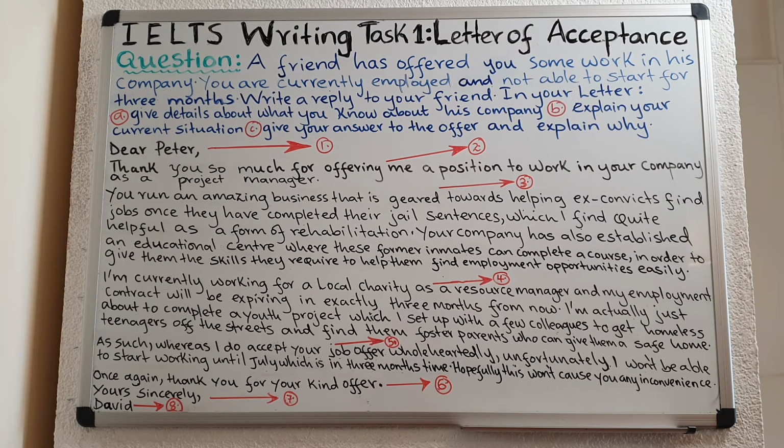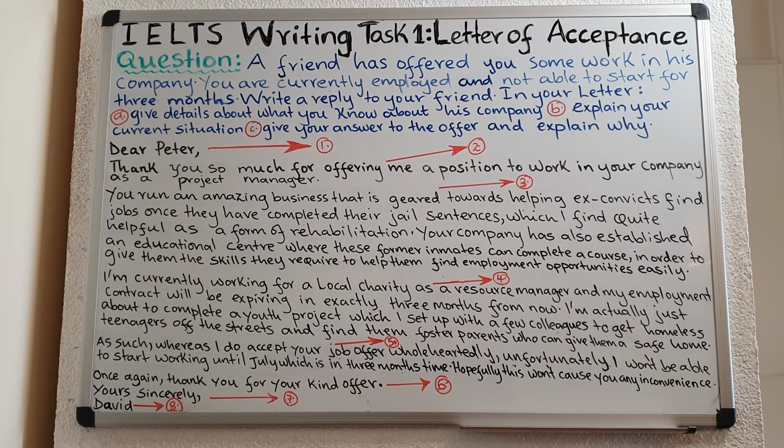Now, according to the IELTS question, you are currently employed and because of that, you're not able to start the job for 3 months. So because of that, you can't say, yes, I'm going to begin the job immediately because you're currently employed.